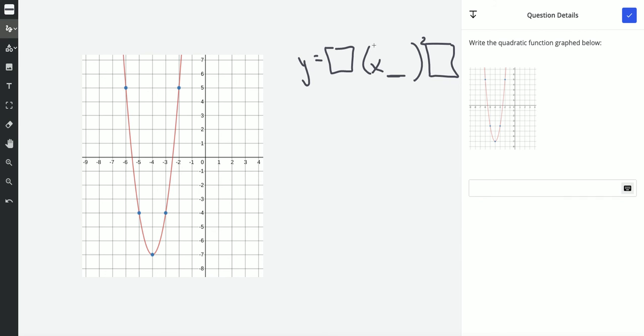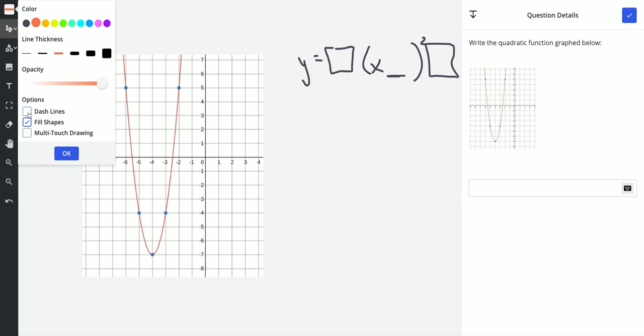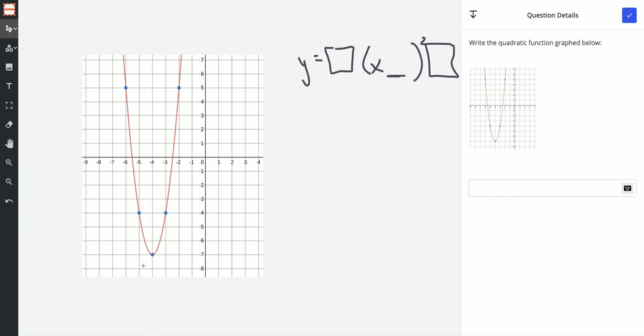I didn't put the box in case it's hard to see the plus or minus. So let's fill out my axis of symmetry again. I'm going to start there. Use a line tool so it's nice and neat. Axis of symmetry is there. New x-axis is there, which means I went down 7, left 4.